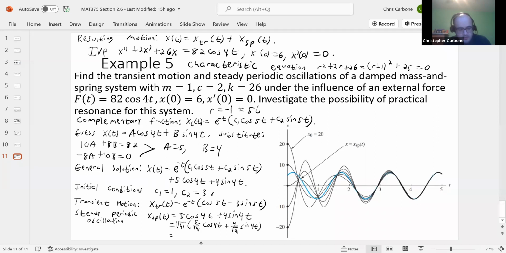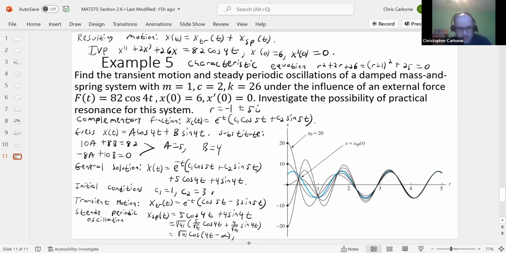And this can be written as the square root of 41 times the cosine of 4t minus alpha, where alpha is the inverse tangent of 4/5. If we put that into a calculator, we get about 0.6747.